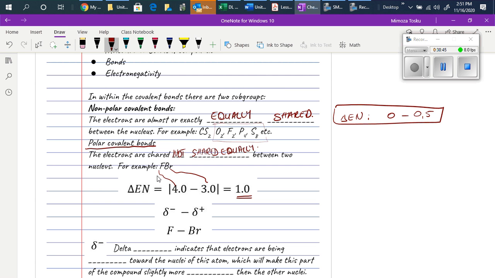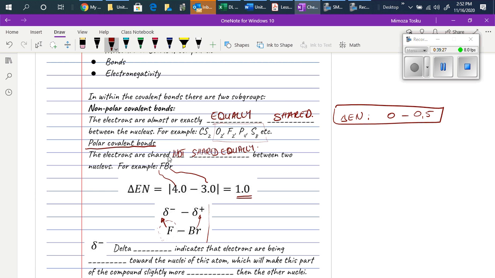So now, what we notice here is that fluorine has a higher electronegativity, so it will have more electrons in the valence shell, making it slightly more negative than bromine, which in relation to fluorine becomes, quote unquote, positively charged.